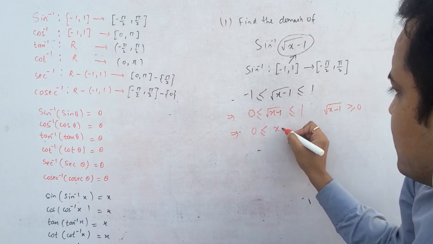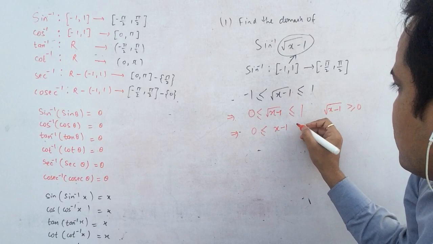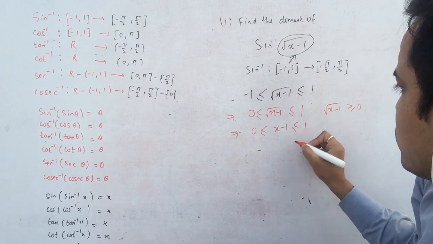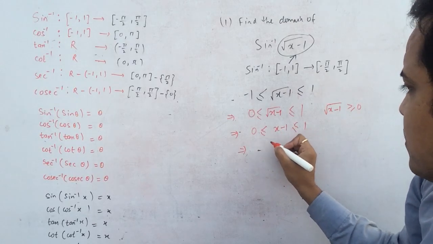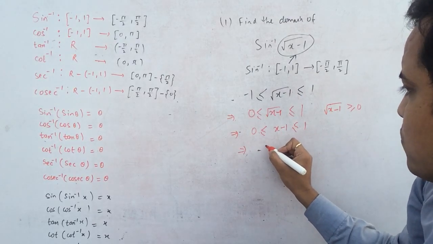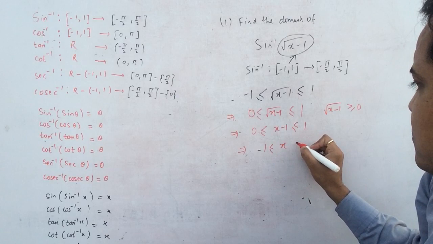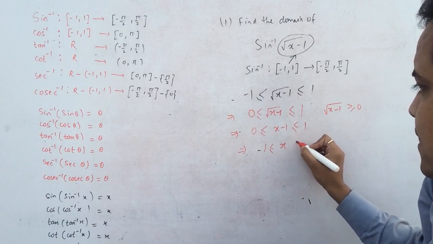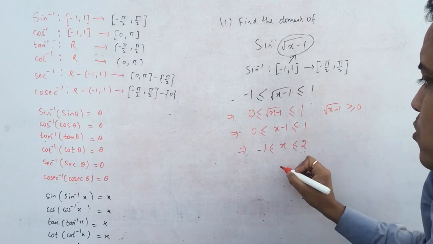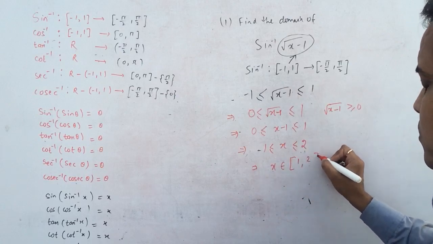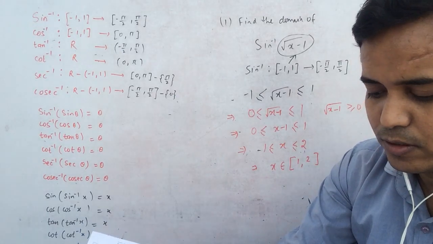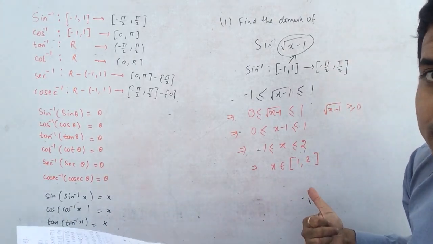If you square this, you get x minus 1, and 1 squared is 1. You need to find the value of x, so add 1 in all the inequalities. 0 plus 1 is 1, x minus 1 plus 1 is x, and 1 plus 1 is 2. So x belongs to the closed interval [1, 2]. This is the domain.